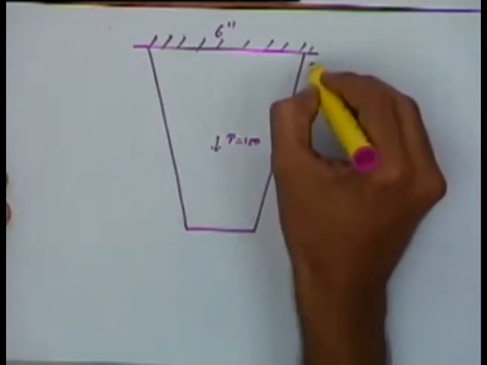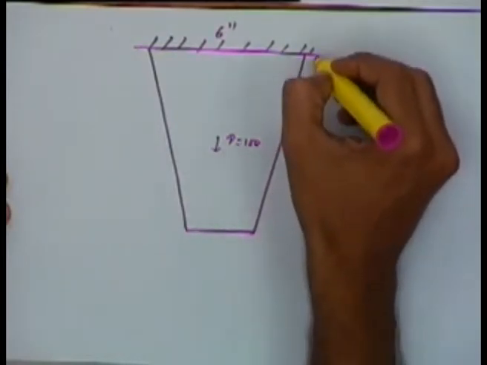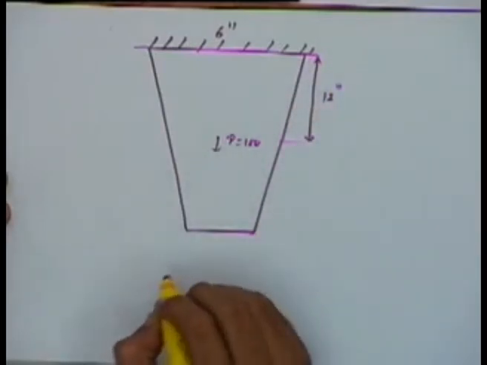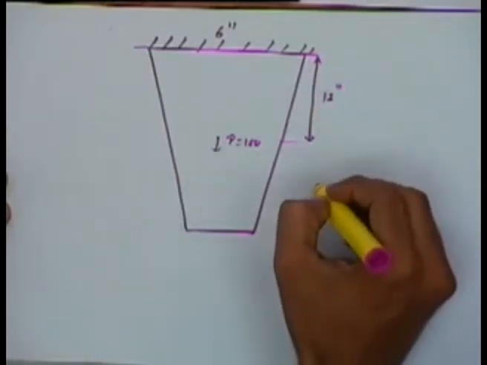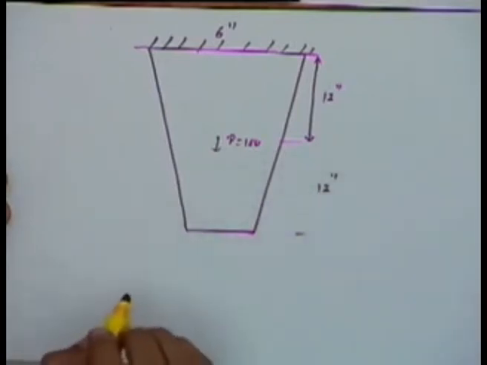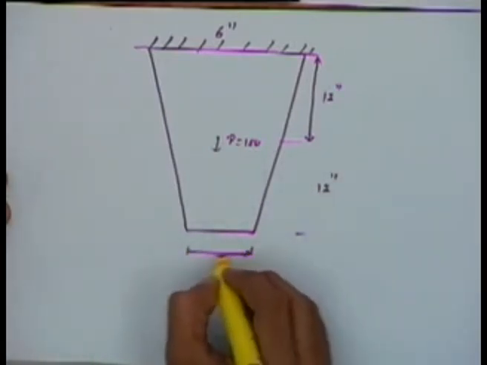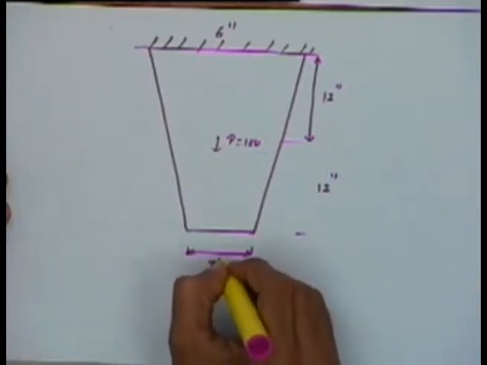This length, let's say if I take that to be 12 inches, okay, the remaining length, let's say another 12 inches. Okay, let's say this part I take it to be 3 inches.